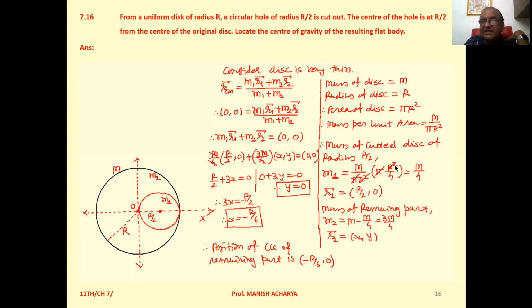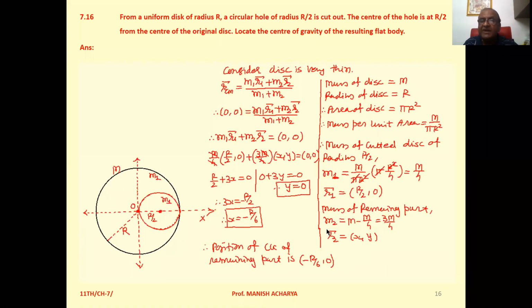Pi R square cancelled. So m1 will be M by 4. Now r1, the position of its center of mass, is on the x-axis at distance R by 2. So we can write the coordinates R by 2 and 0.